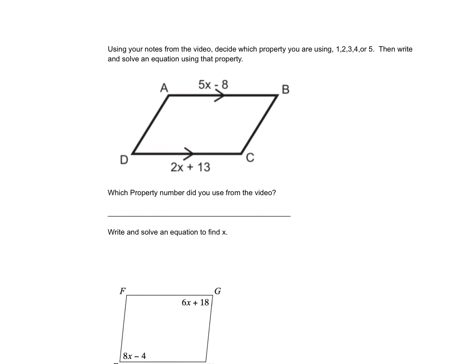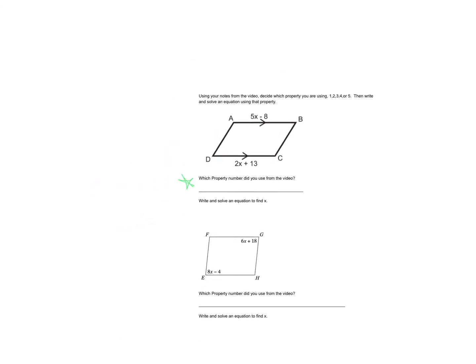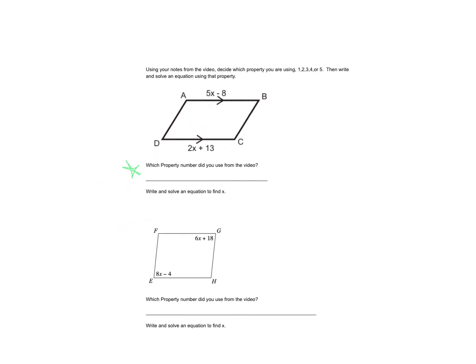When I say what property did you use, that means in words, which one did you use? You could say opposite angles are congruent or equal, opposite sides are equal, opposite sides are parallel, or same side interior angles are supplementary or add to 180.